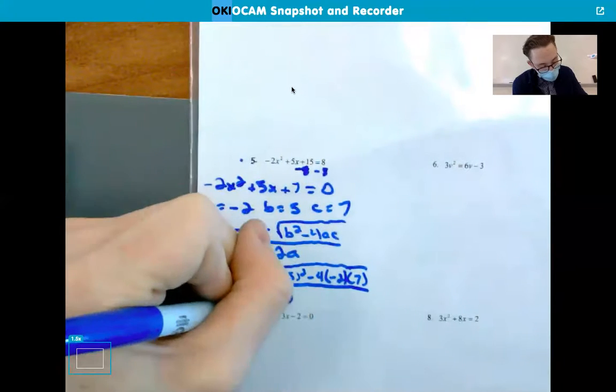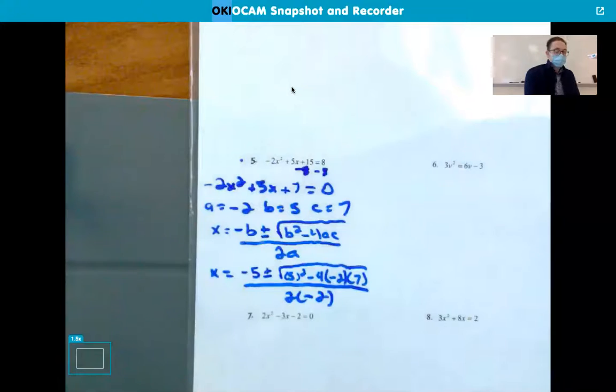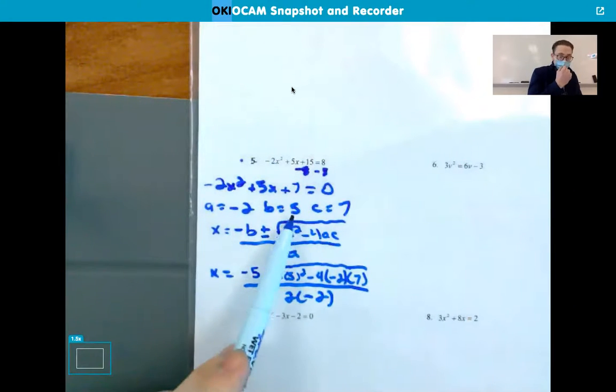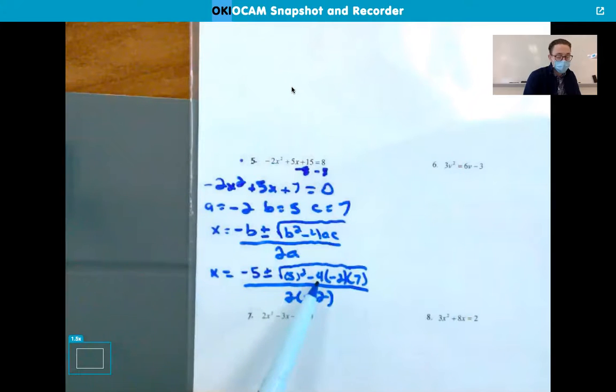Good. Nice job. Plug in all my values. I have -5, the opposite of that positive 5, plus or minus 5 squared minus 4 times -2 times 7 all over 2 times -2. Awesome job.